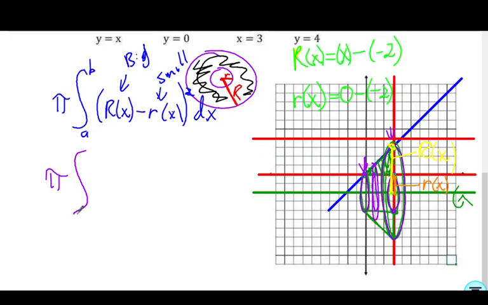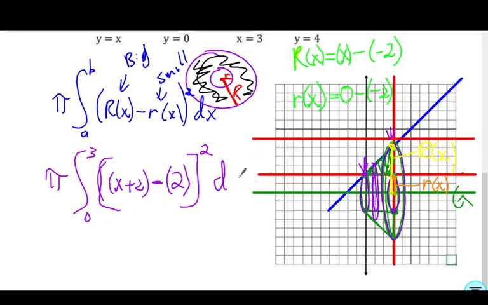So it goes from 0 to 3. And our big one is going to be x plus 2 minus our little one, which is going to be 2, and then all of this squared dx.